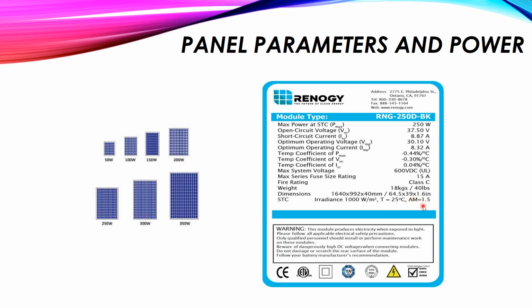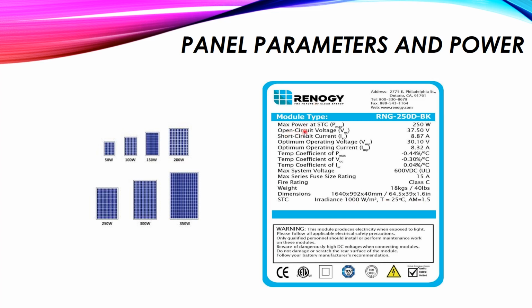The air mass will be discussed in the shading and tilt angle lecture. So for now, you will find that the maximum power of the panel, for example 350 watt, is the maximum power generated at these conditions of 1000 watt per meter square radiation from the sun, temperature equal to 25 Celsius degree, and air mass 1.5.